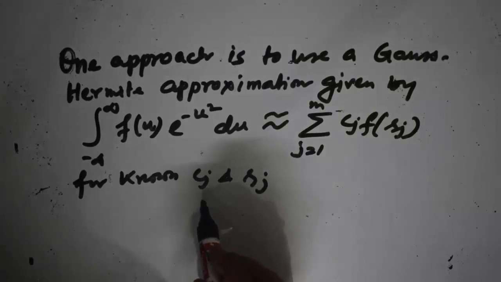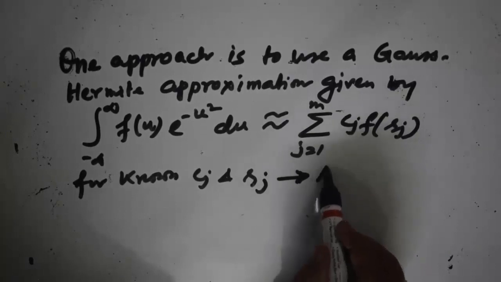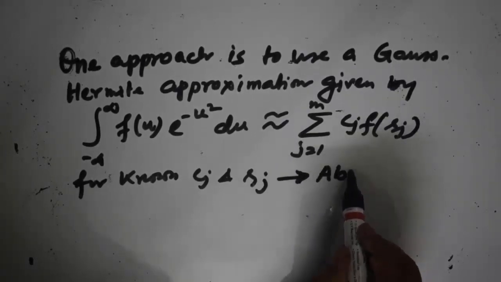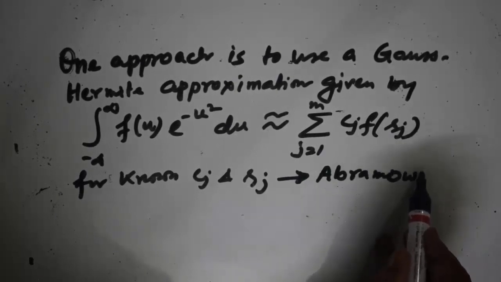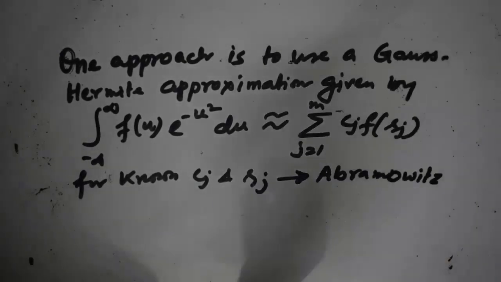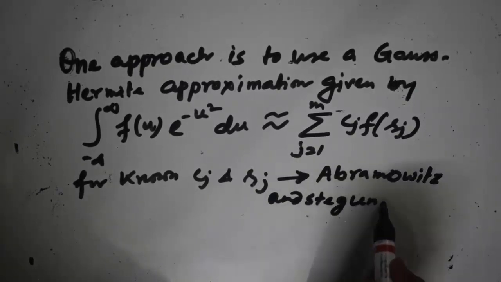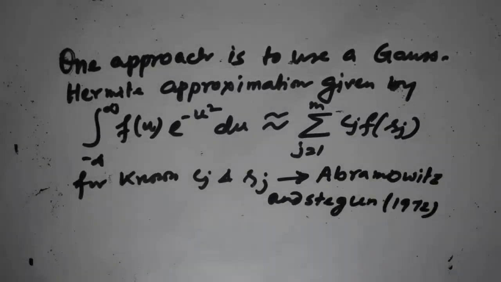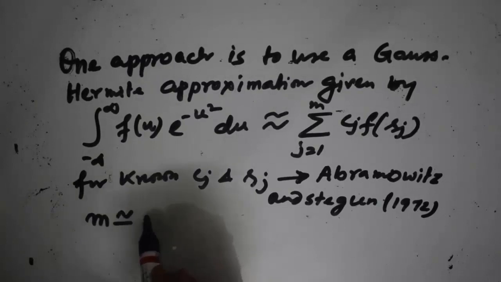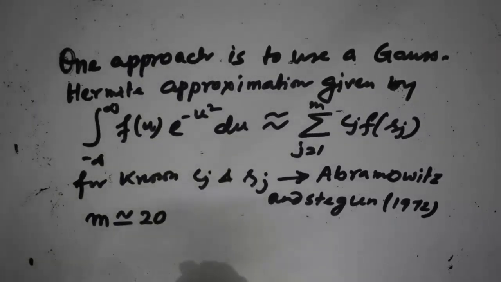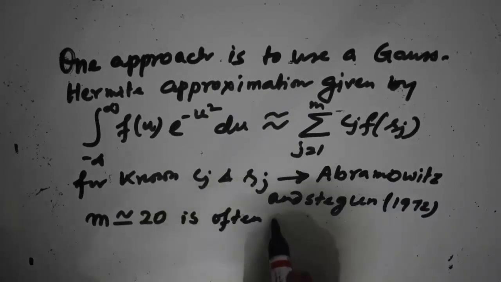For the values of cj and sj you can use the Abramowitz and Stegun table in 1972, and m approximately 20 is often sufficient.